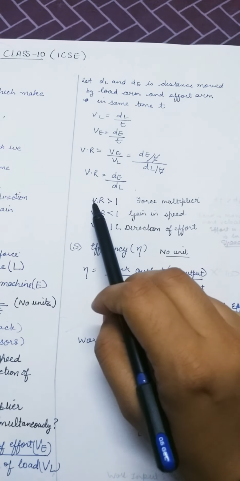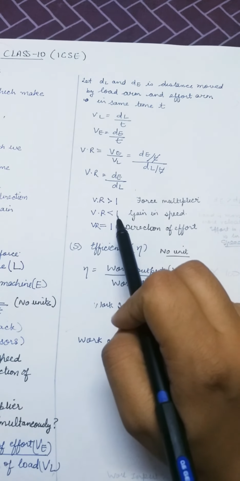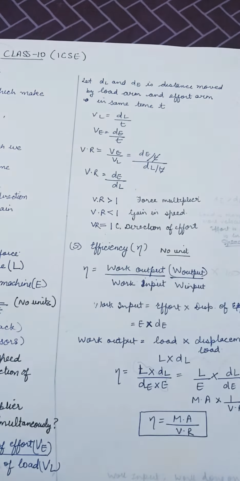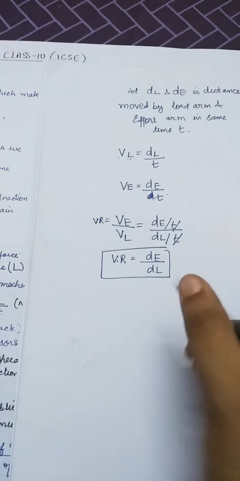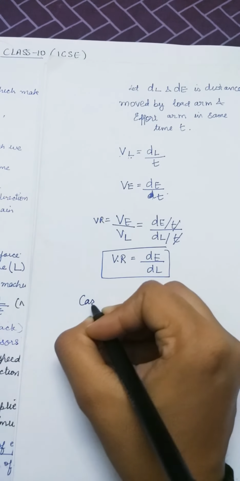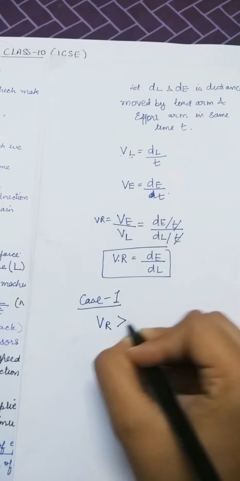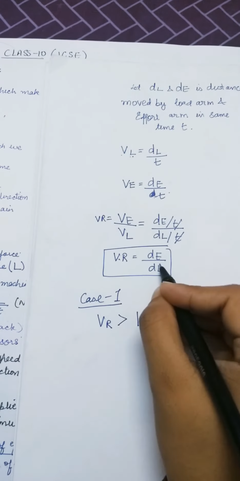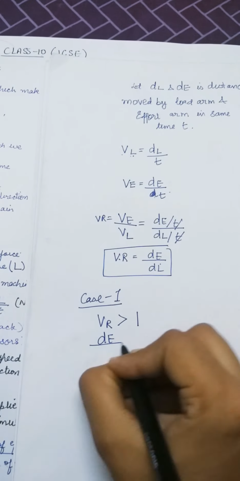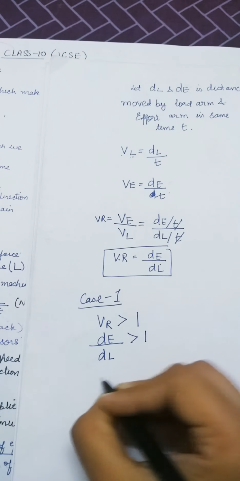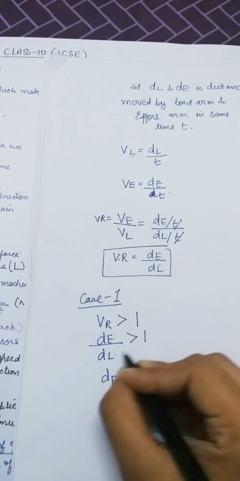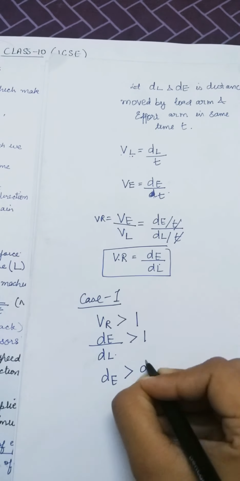Now it can also have three values: greater than 1, less than 1 and equal to 1. Case 1: when VR is greater than 1. You put the value here, dE by dL is greater than 1, so dE is greater than dL.